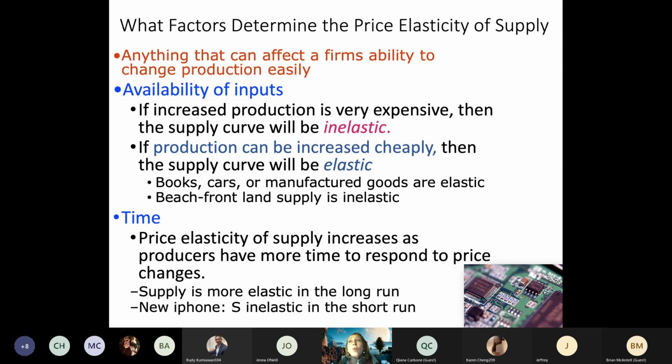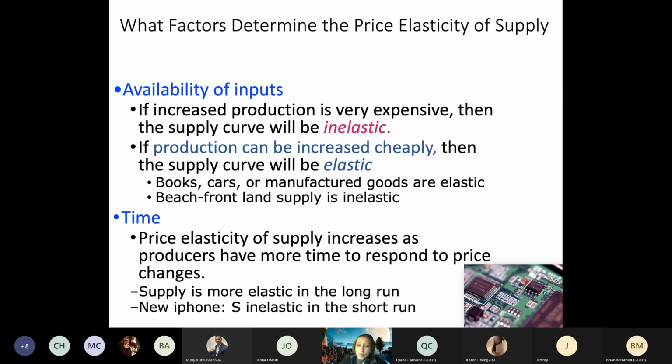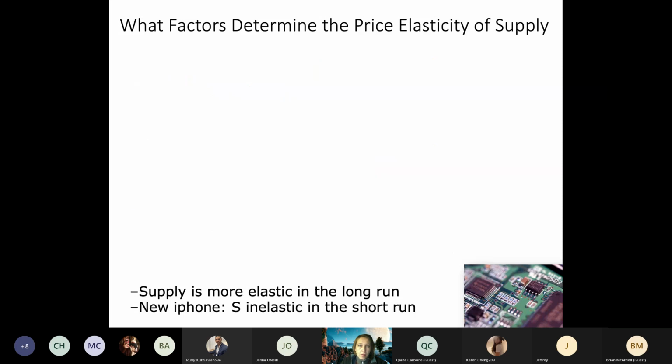But perhaps you could import more apples and all that. So it still needs time to adjust to this particular change. So it depends on different markets. And usually in the short run, supply is quite inelastic, and in the long run, more elastic. Okay.